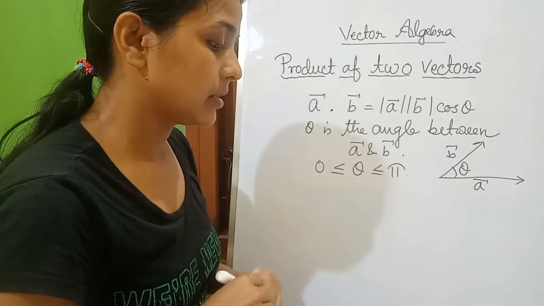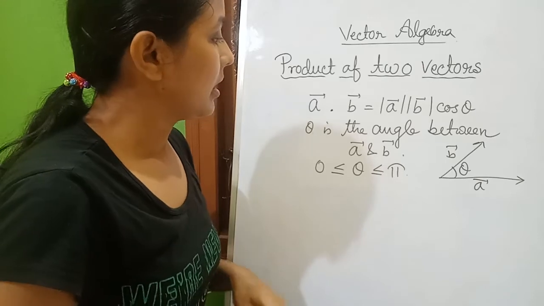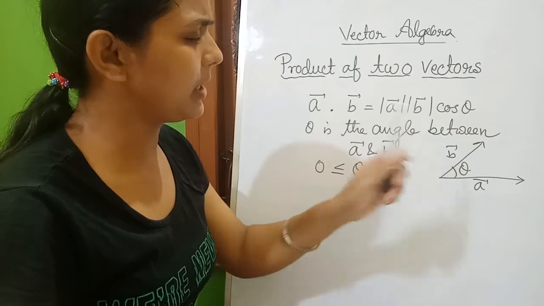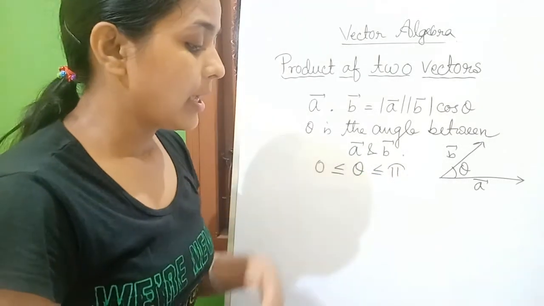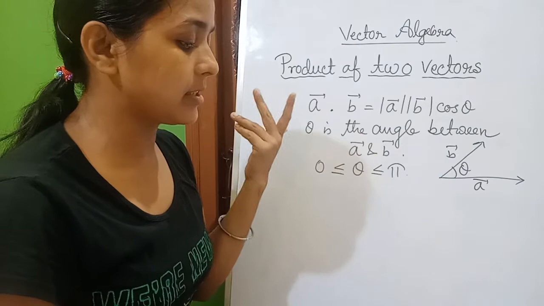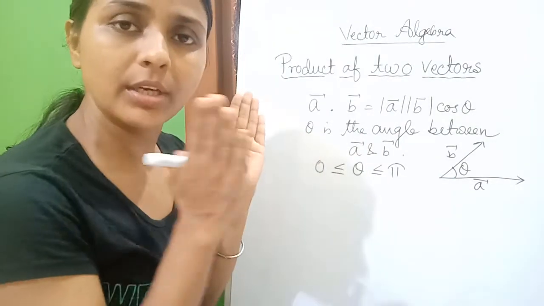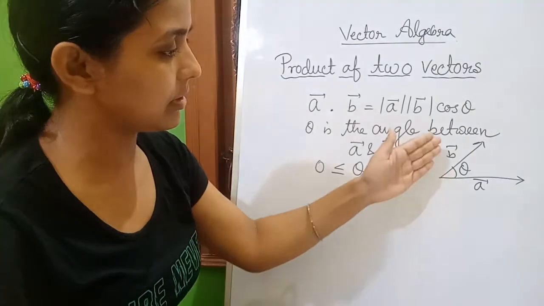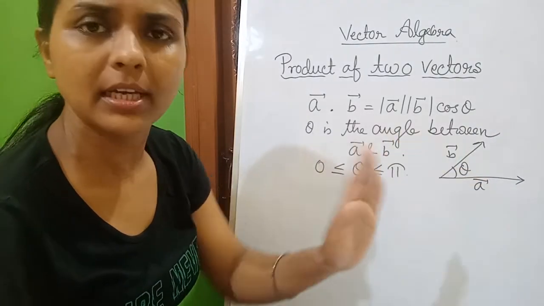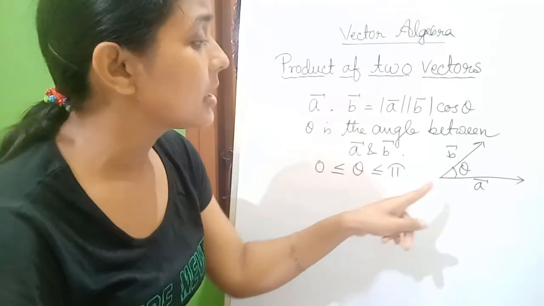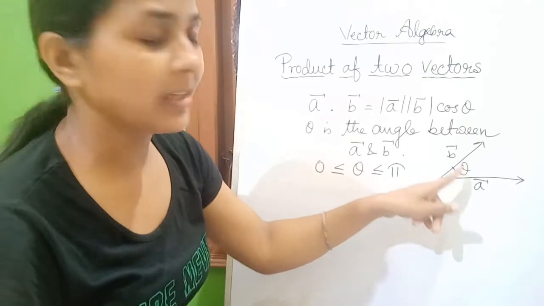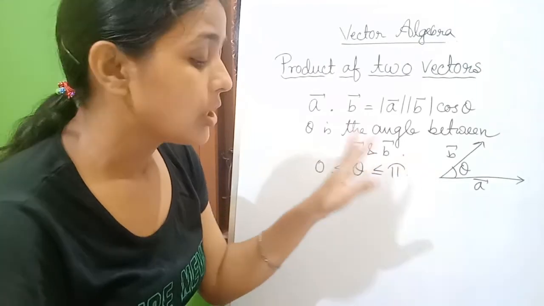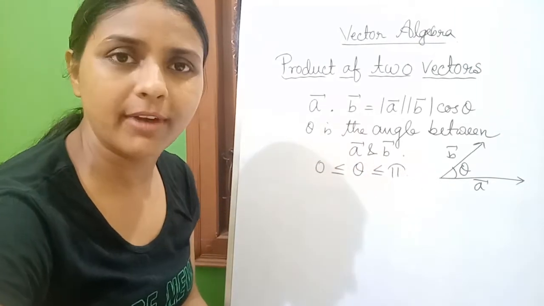Now if A equals to 0 or B equals to 0, both the vectors are not 0, either A equals to 0 or B equals to 0, then it is quite obvious that theta is not defined, right? Because theta cannot be constructed with a 0 vector.